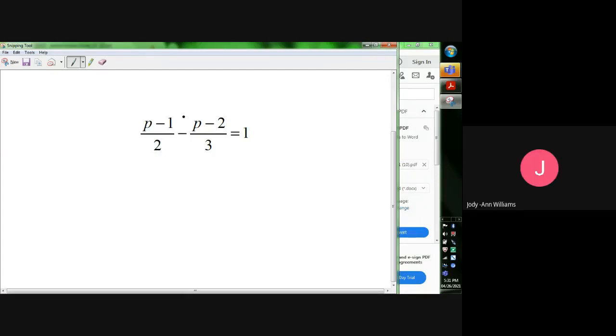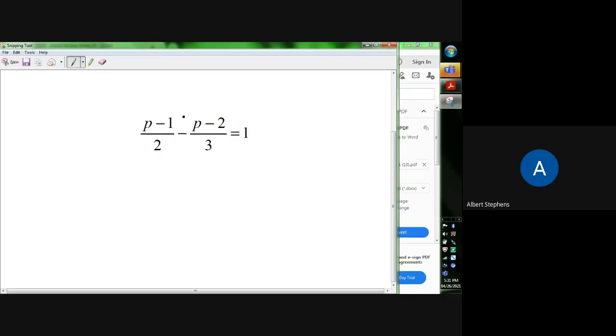We have an equal sign, so this becomes a fractional equation. Prior to that, it was a fractional expression, but because they inserted an equal sign, it becomes an equation.